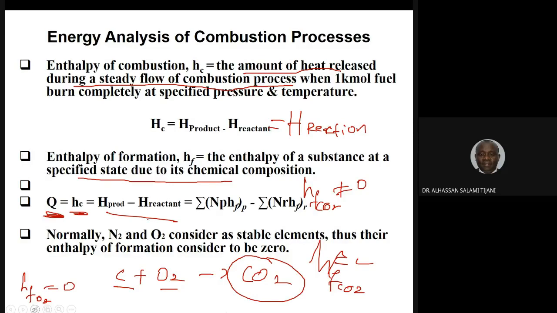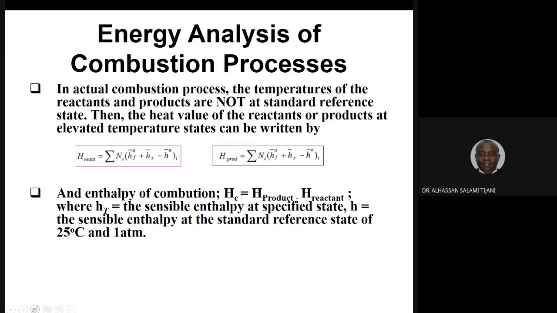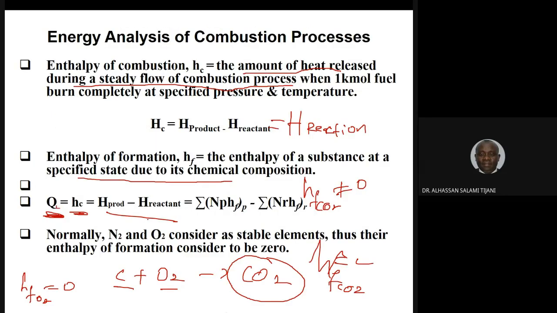All right? So now let us see the enthalpy of the reaction and the enthalpy of the product. We are talking about these enthalpies. We say the enthalpy of combustion equals the enthalpy of the product minus the enthalpy of the reactant.